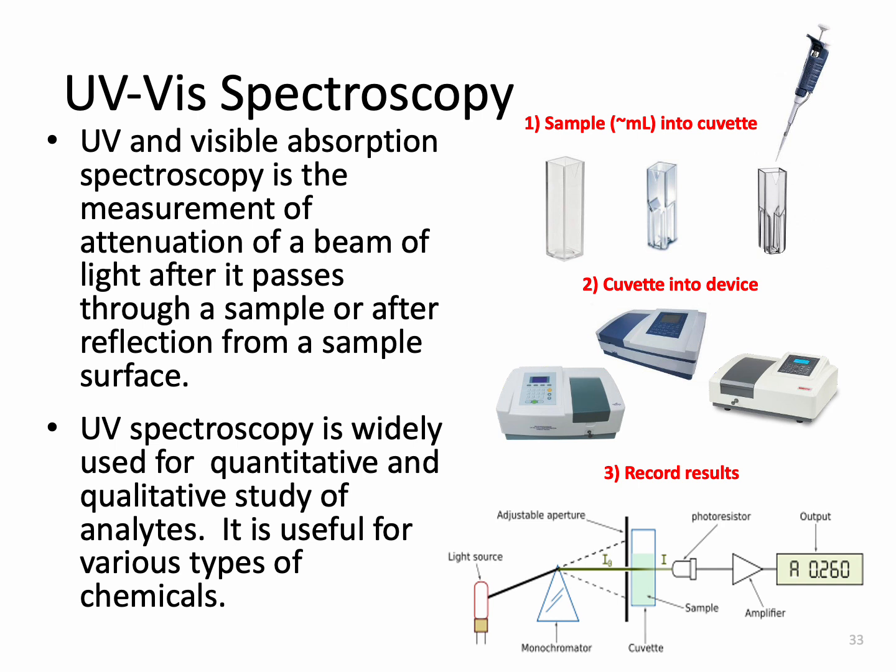UV spectroscopy is widely used for quantitative and qualitative study of analytes. It's useful for various types of chemicals. We add the analytes or chemicals into the cuvette, and then we look at the absorbance.